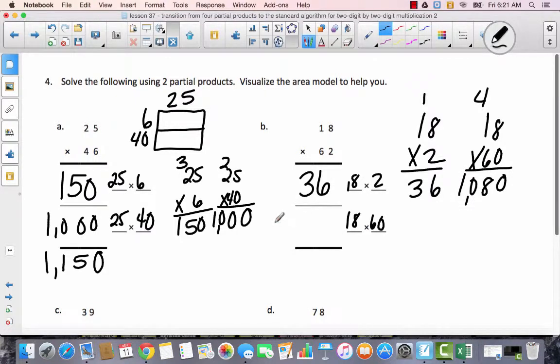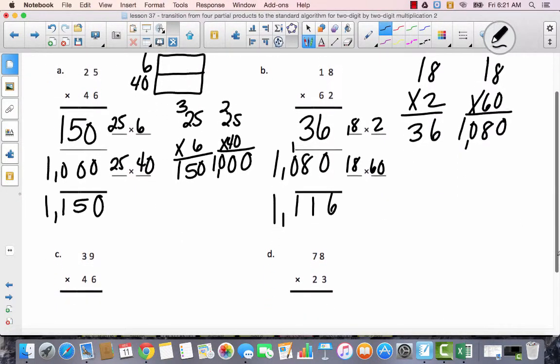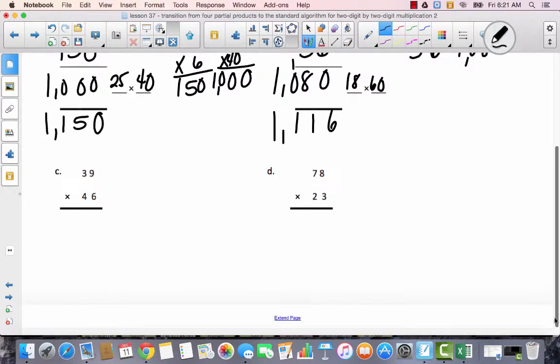So I have 1,080. Now I just add these together. I have 6, 11, 1, and 1. 1,116.